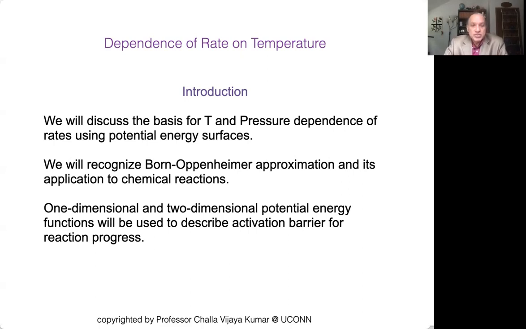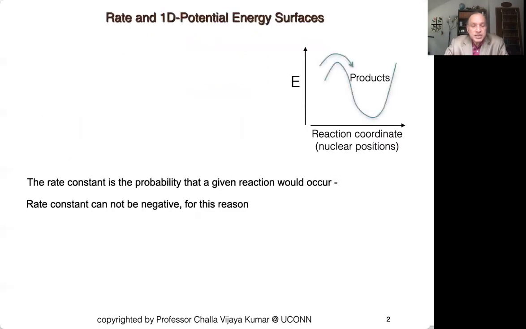And so we will see how the temperature affects the reaction in a very conceptual way first, and then in a quantitative way. So the way to understand the temperature dependence of a chemical reaction is to examine what are called one-dimensional surfaces. So what these are, potential energy surfaces that are plotted as a function of internuclear distance.